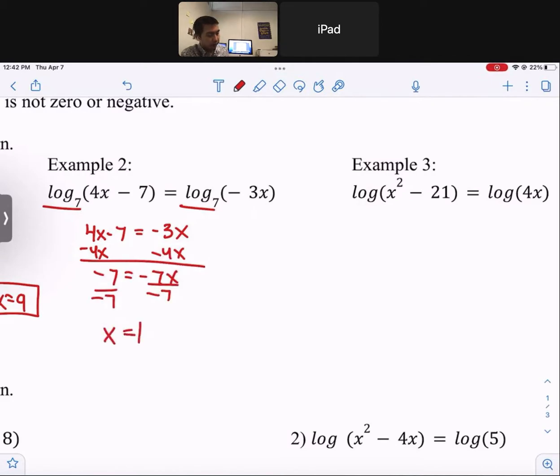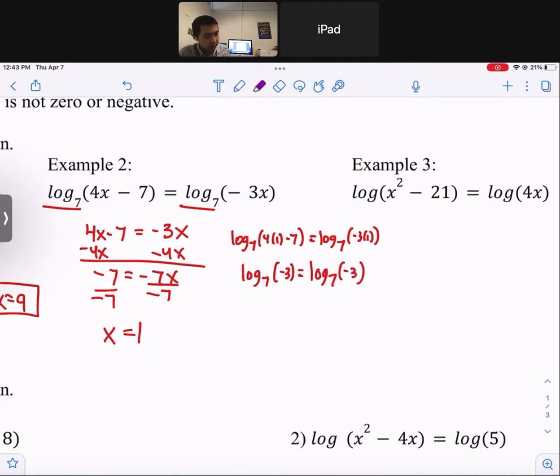But everyone take a look. You have to plug it into the original equation to check for extraneous solutions. You're going to get log base 7 of 4 times 1 minus 7, which is negative 3, and on the other side, negative 3 times 1, which is also negative 3.